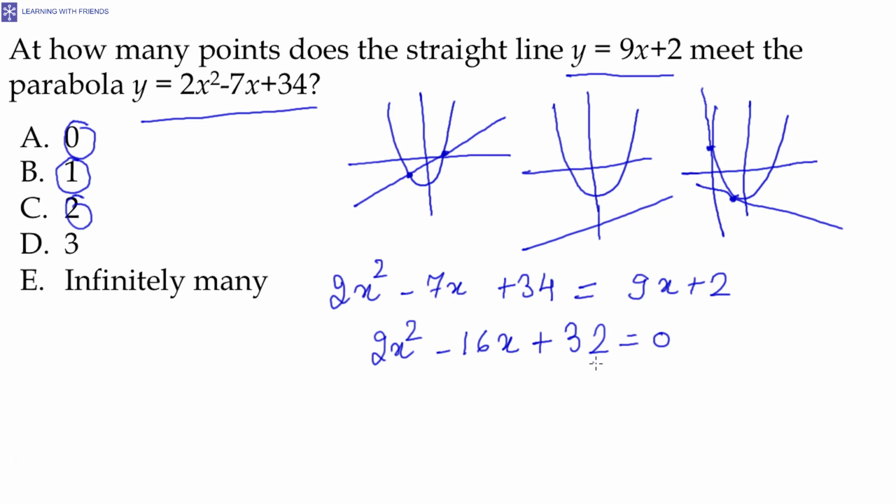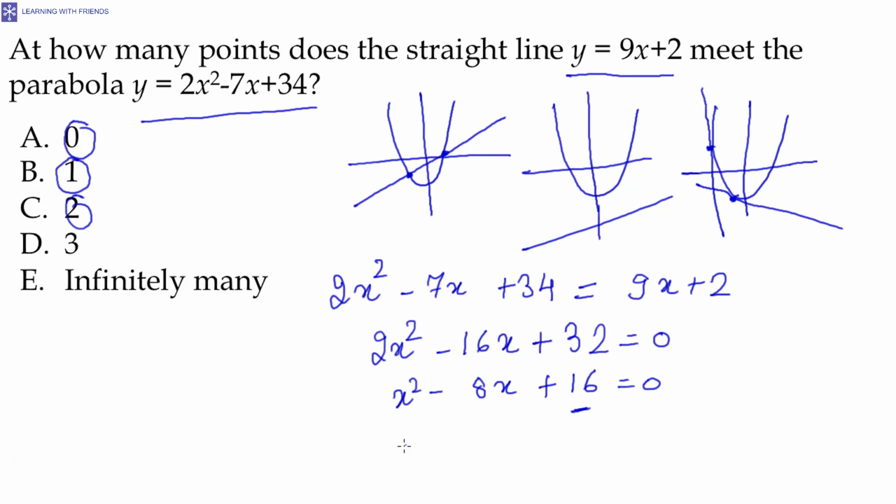Every term here is a factor of 2. So we can divide this whole equation by 2, so that this becomes x squared minus 8x plus 16 is equal to 0. Now you can either split the middle term, which is what we normally do for a quadratic equation, or you can see that we have a perfect square here, 16.